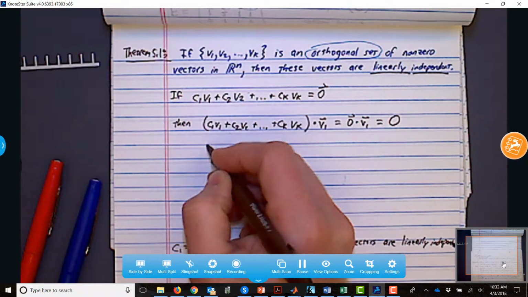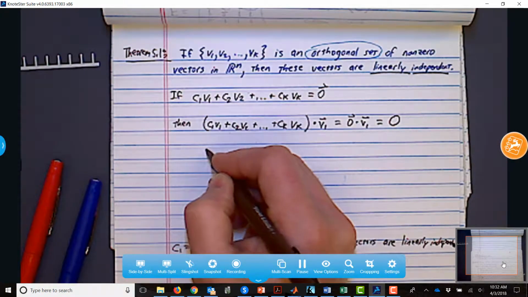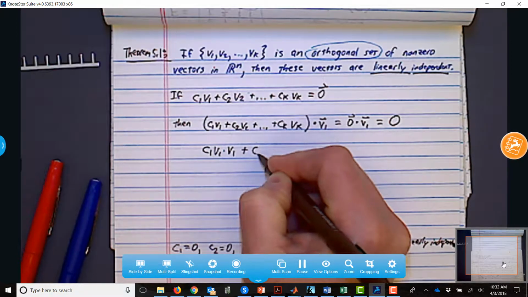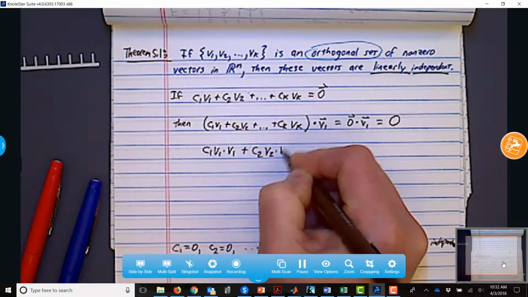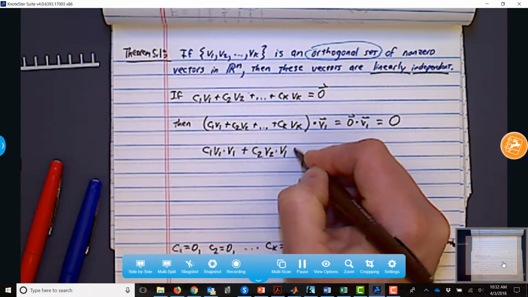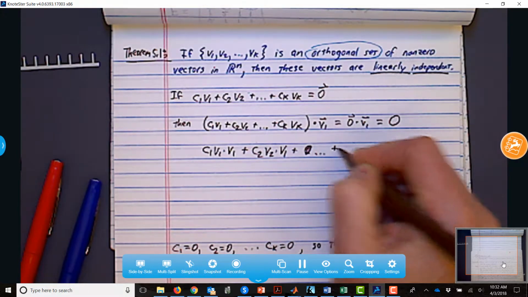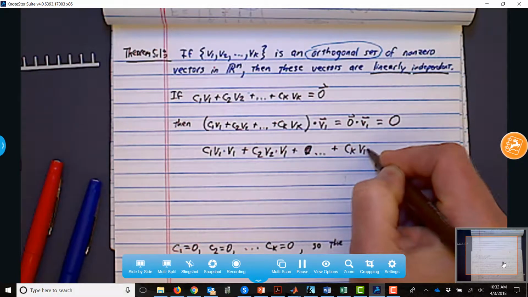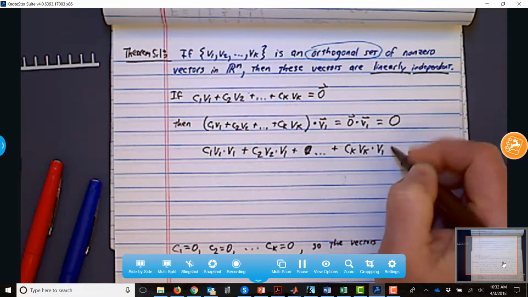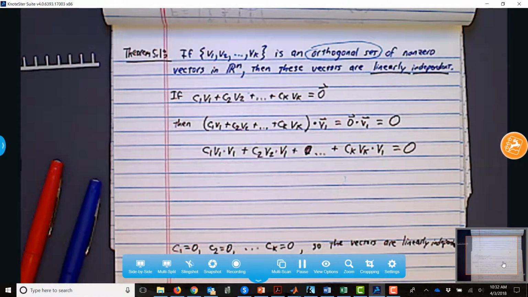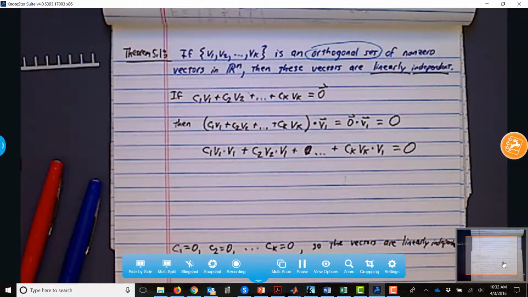You can say that this is C1V1 dot V1 plus C2V2 dot V1 plus dot dot dot plus CKVK dot V1. All that equals the number 0, because dot products spit out a number.